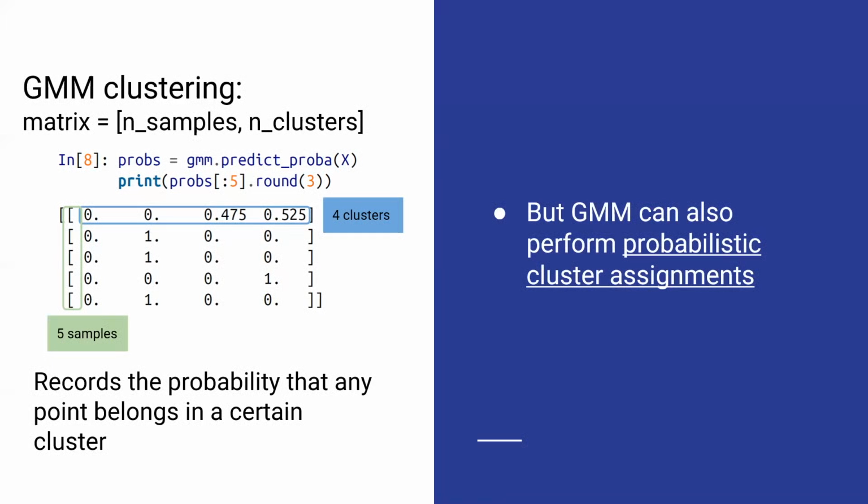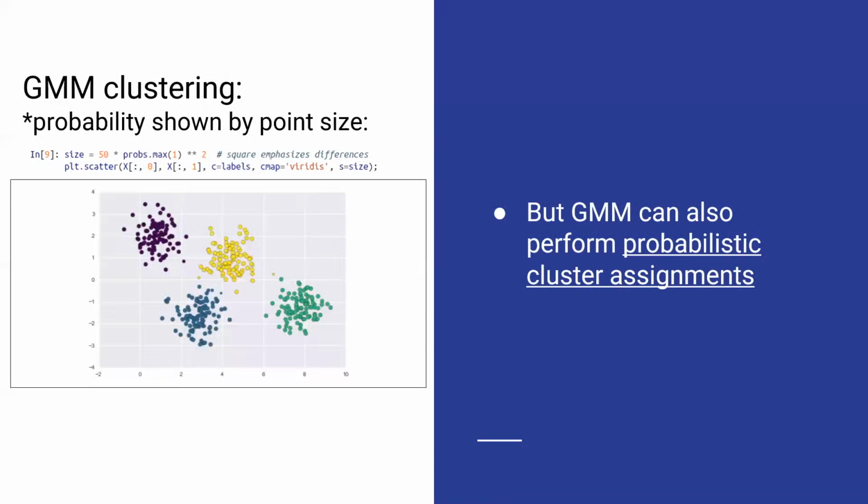As you can see, there are different numbers which indicate how likely the point is in that cluster. And this can be shown visually by showing the point size of the data point based on how certain the prediction is.